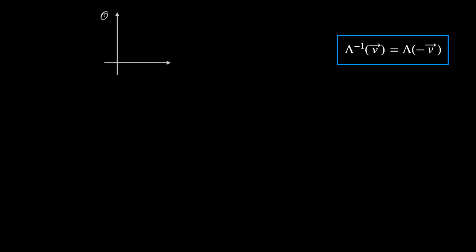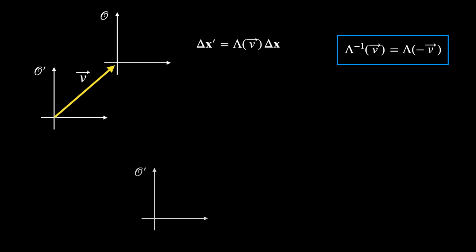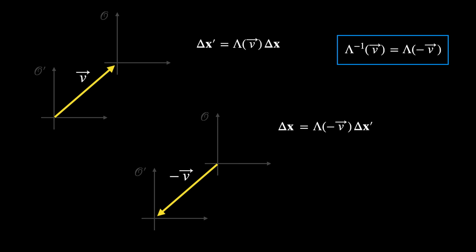This just confirms something we knew intuitively. If O is moving at velocity v relative to O prime, then O prime must be moving with velocity minus v relative to O, if both reference frames have the same spatial orientation.